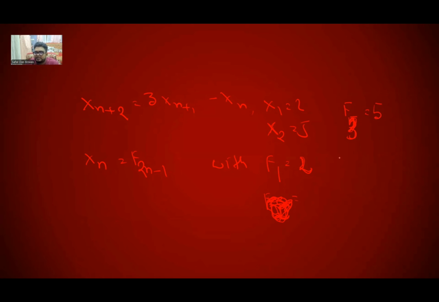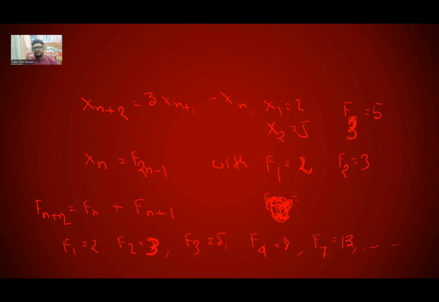The Fibonacci relation is fn plus 2 equals fn plus fn plus 1, and f of 1 equals 2, f of 2 equals 3, f of 3 equals 5, f of 4 equals 8, and so on, f of 7 equals 13.